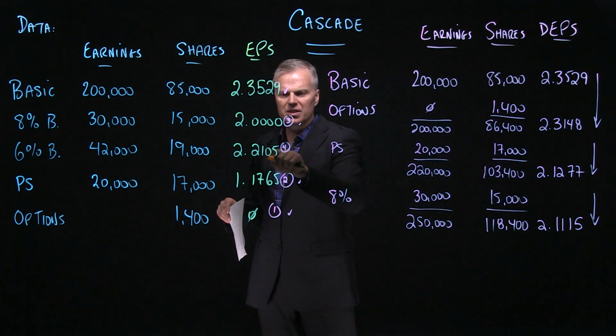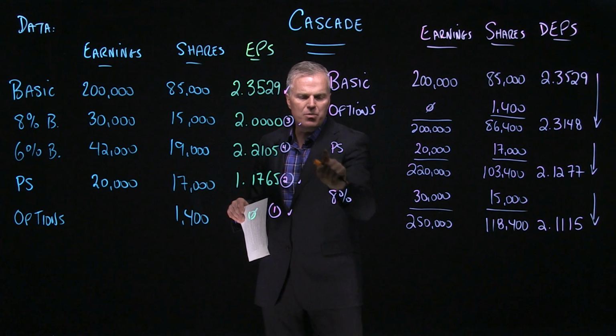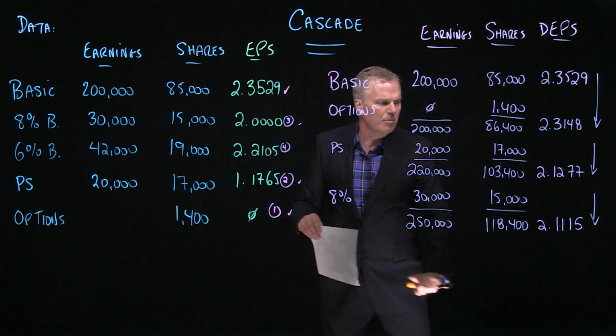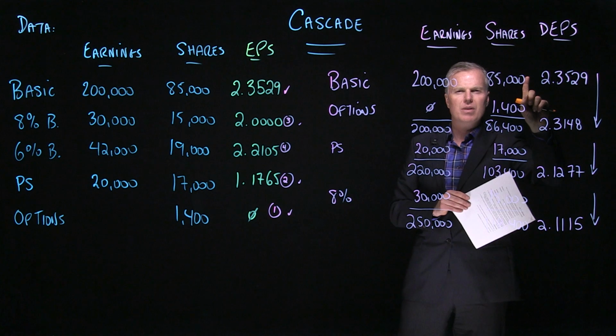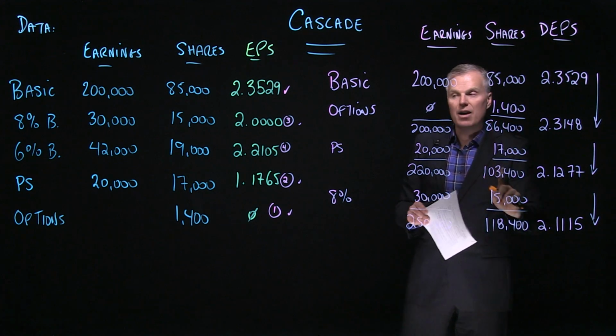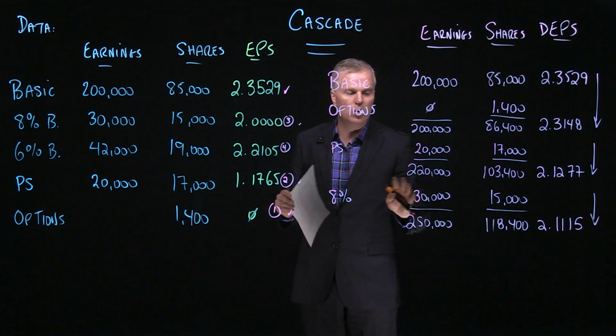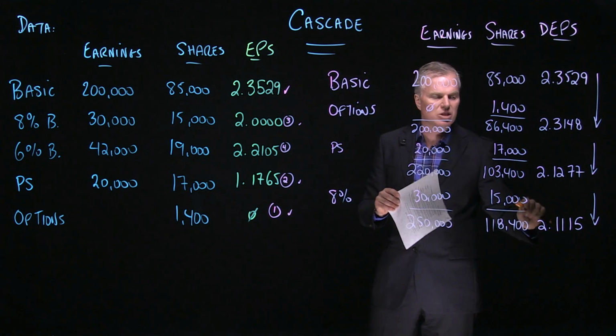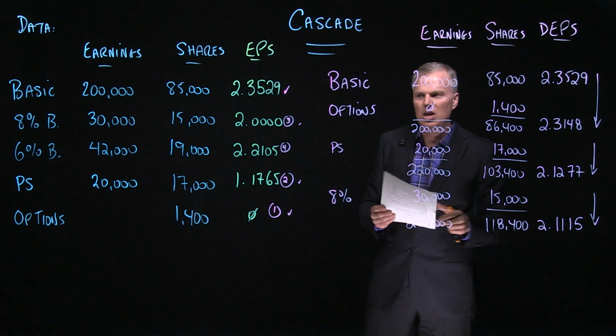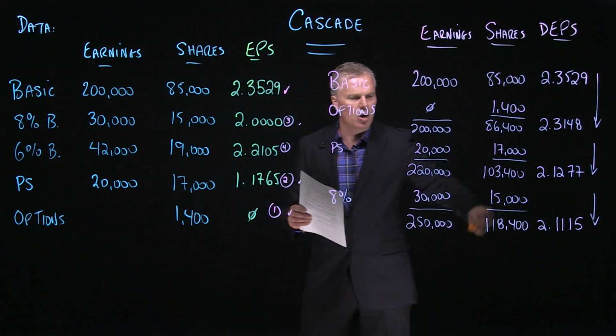This number is actually higher. If I put this number into the schedule, my numbers would start going up. That's not dilutive. So what actually has to happen here is nothing. You are actually done. This is your diluted EPS number because this number would cause it to go up.